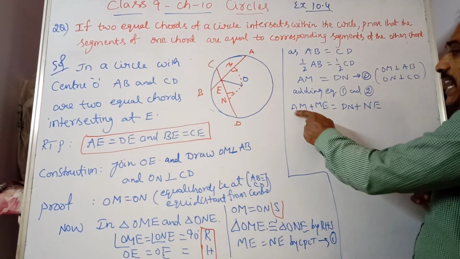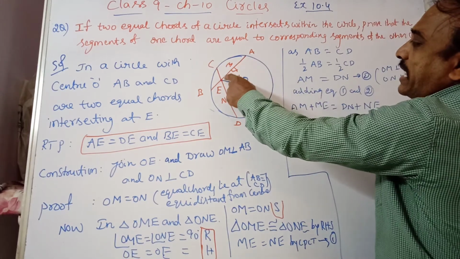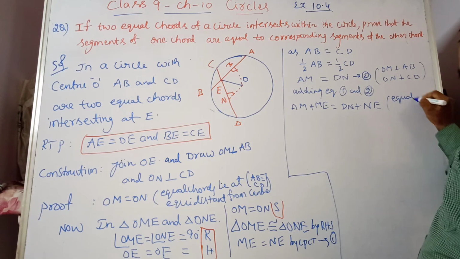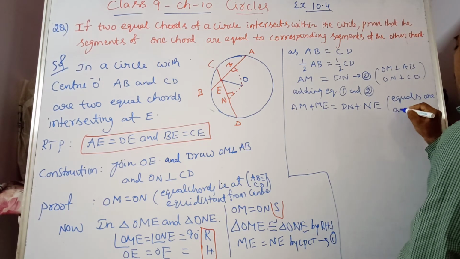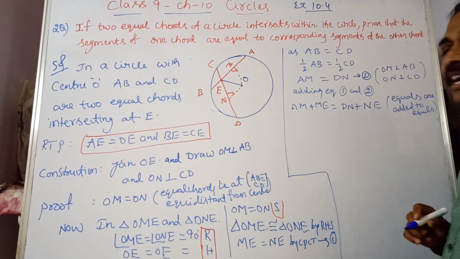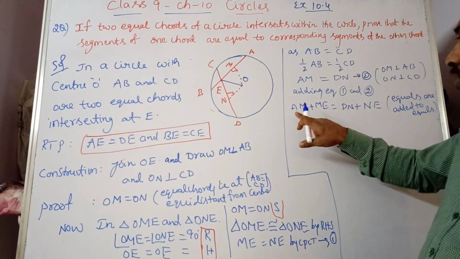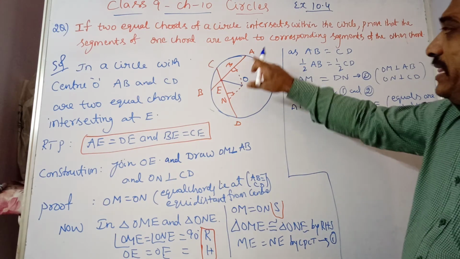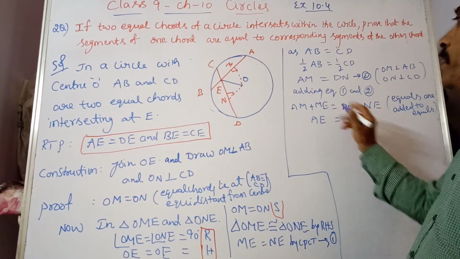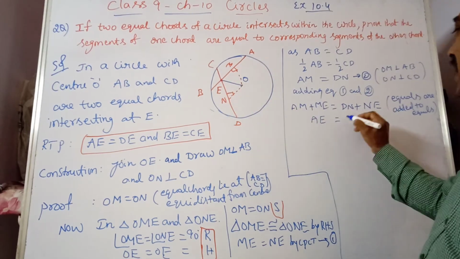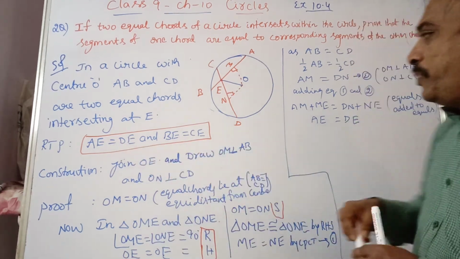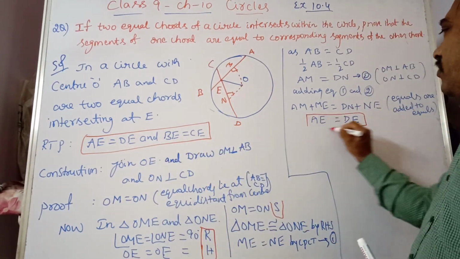Here equals are added to equals, then the wholes are equal. So AM plus ME is equal to DN plus NE. AM plus ME gives AE, and DN plus NE gives DE. Now we got AE is equal to DE.